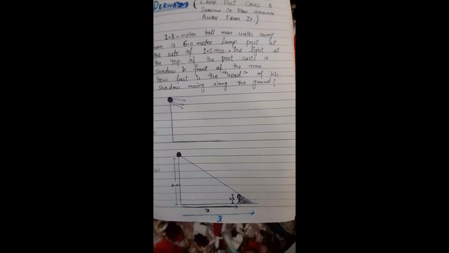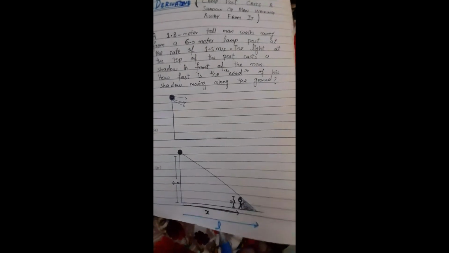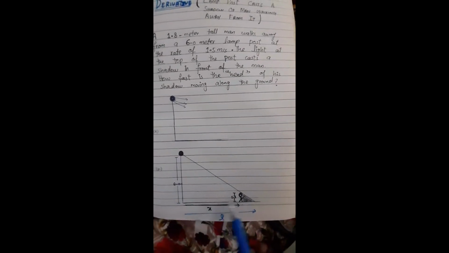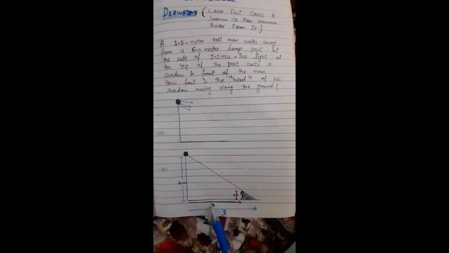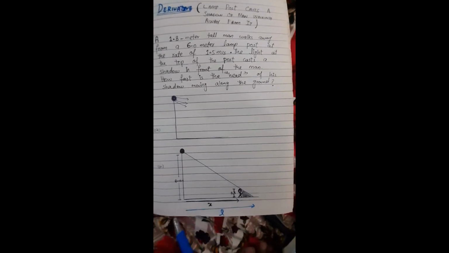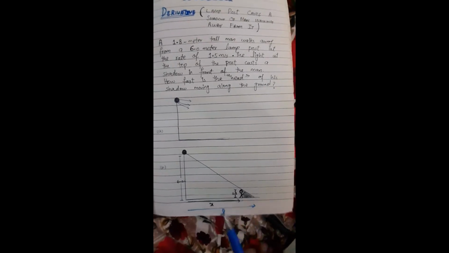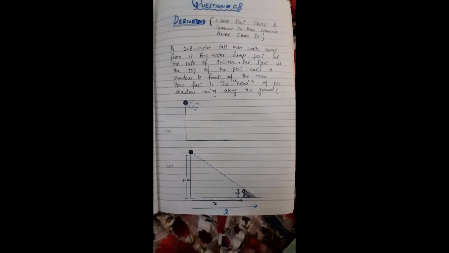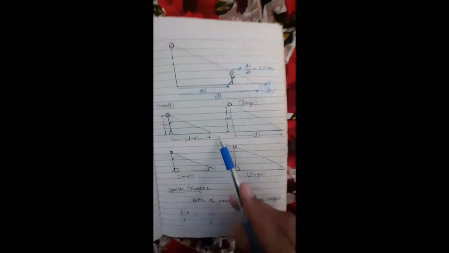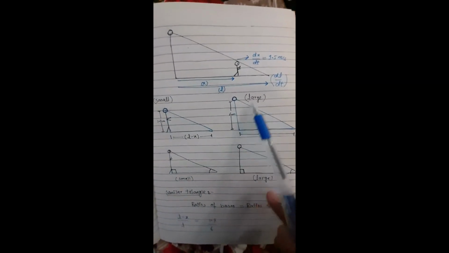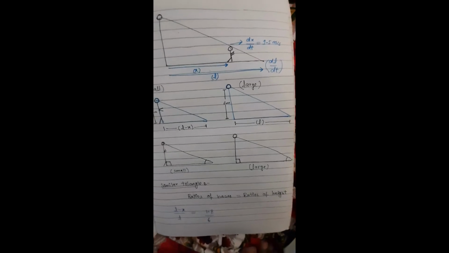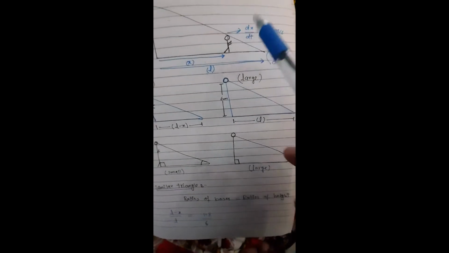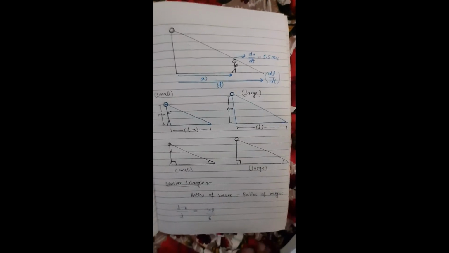The man is 1.8 meters tall, and the lamp post is 6 meters tall. Let the distance from the lamp post to the man be x, and the distance from the lamp post to the head of the shadow be L. As the man walks, his x position changes at the rate dx/dt.